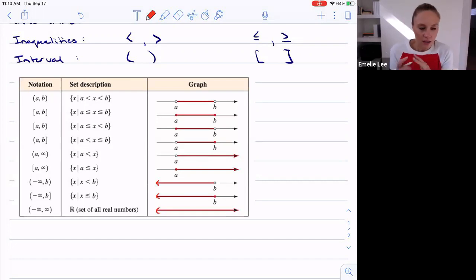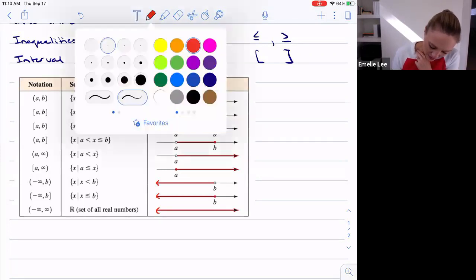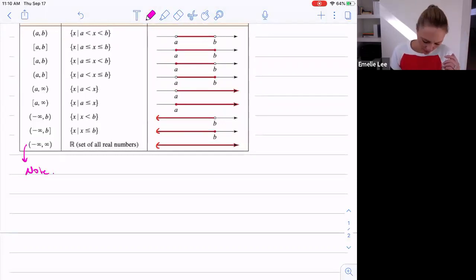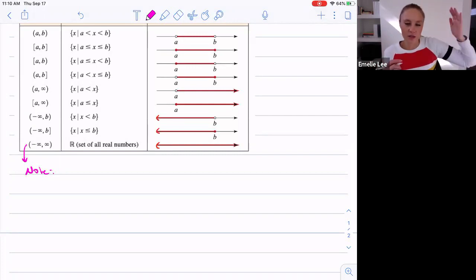Okay. And so here, just as a little note, the reason we can't have a square bracket around infinity or negative infinity is because infinity is not a number. That means we can't include it in our interval. We can get close to infinity, really, really close, depending on how you think about infinity.